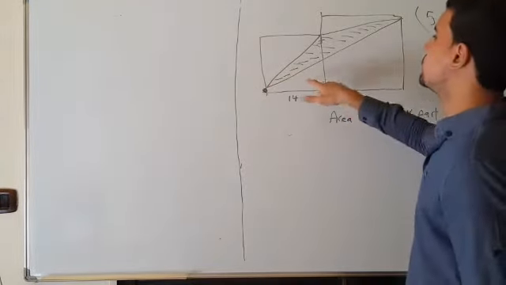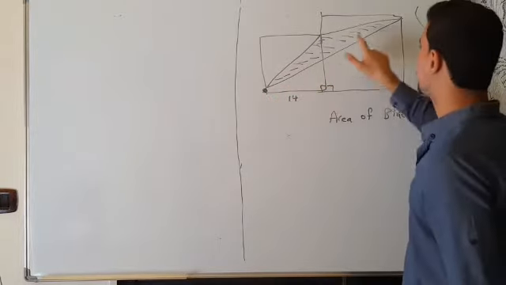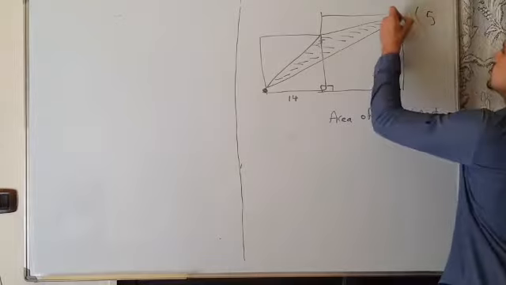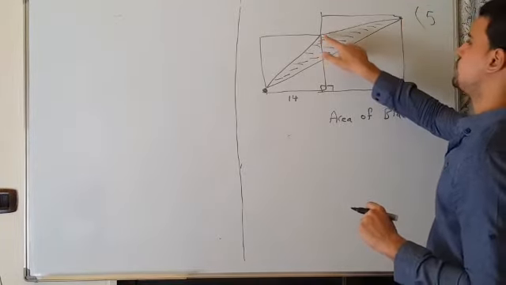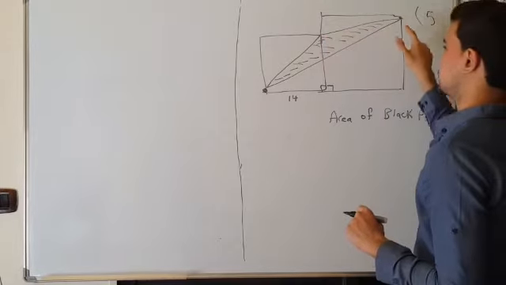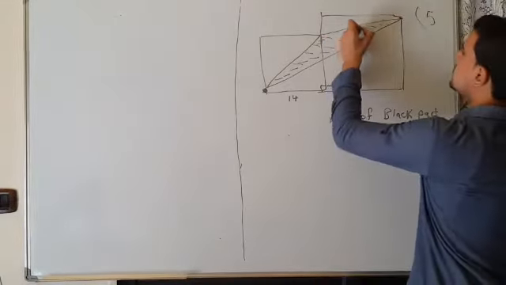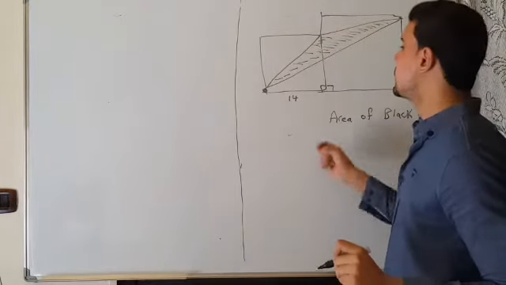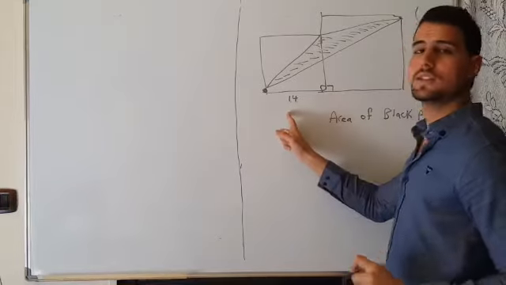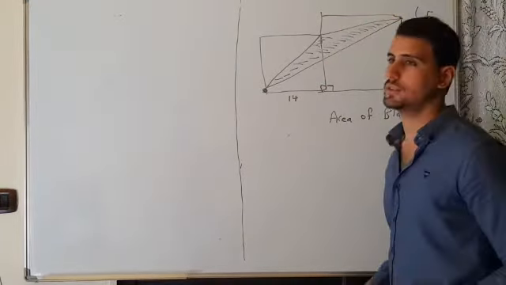Now, we match this diagonal and we match this point with this point, and we match also from this vertex to this vertex. We have now a triangle that they colored in black, and only given that this side is 14, they ask for the area of this triangle.